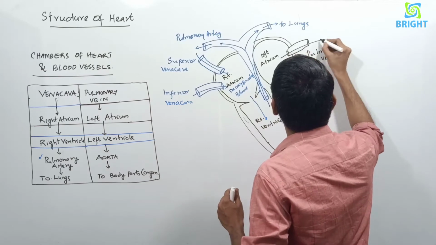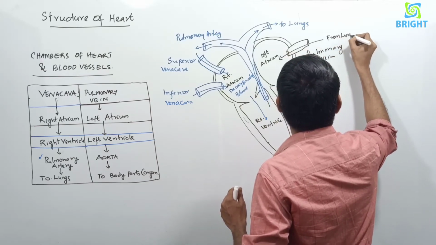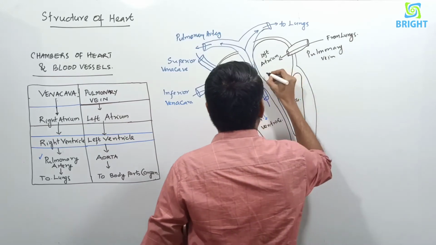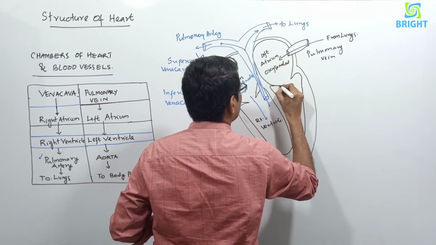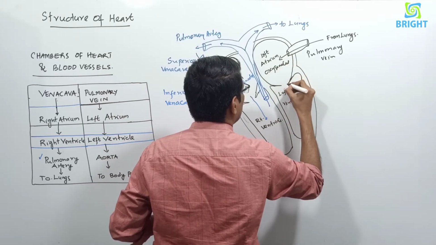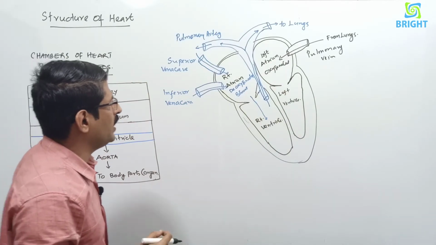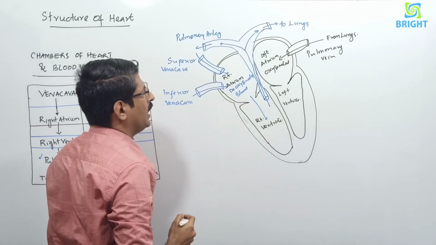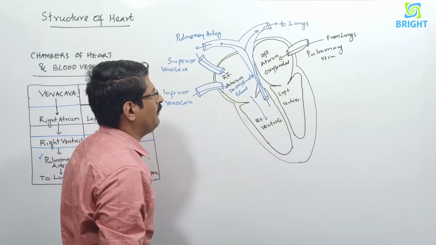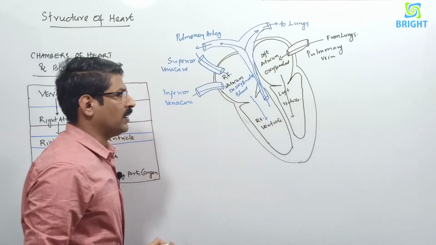So this is the pulmonary vein from the lungs, and it carries oxygenated blood. Here the valve is the valve that controls the back flow of blood when it is contracting. This oxygenated blood carried from the lungs is received by the left atrium, and from the left atrium it flows into the left ventricle.